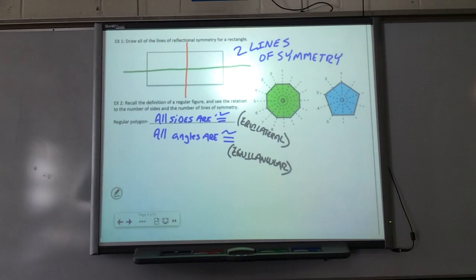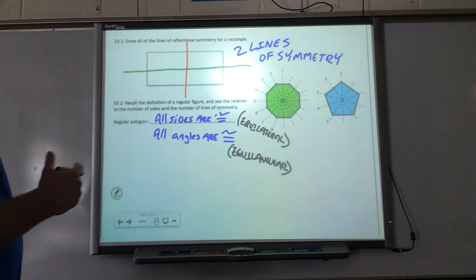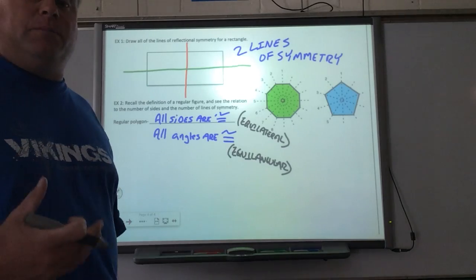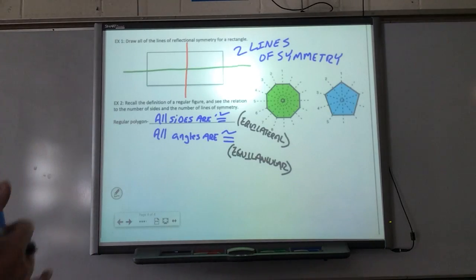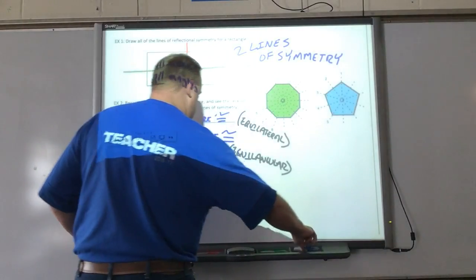Now, the relation to the number of sides and the number of lines of symmetry. Okay? So if a regular figure has the same number of sides and the same number of symmetry, that means whatever shape that is, whatever the number of sides are, is the number of lines of symmetry. So as I look at this, I'm going to write that out here because I want to make sure I drive that home.